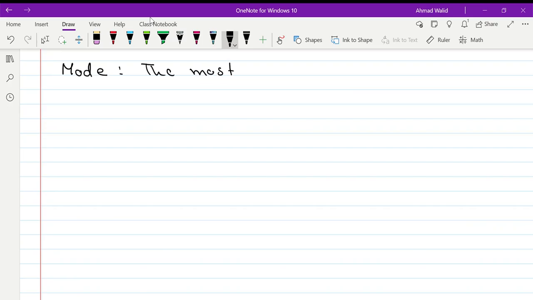This is the definition: the most commonly occurring data value, we call it the mode. Correct?